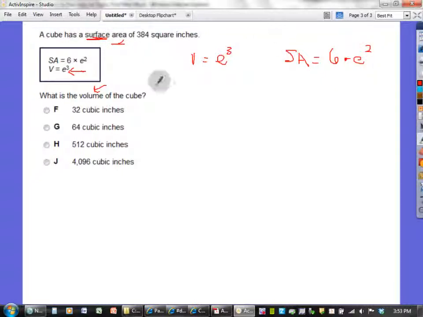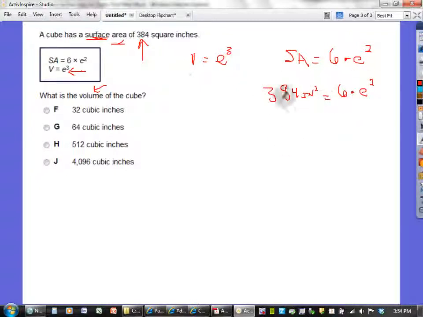Now, what is it that I know? The information from the problem tells us that the surface area is 384 square inches. I can substitute it in the SA part of the formula and just leave everything else the same. So all I did was really substitute 384 for surface area.